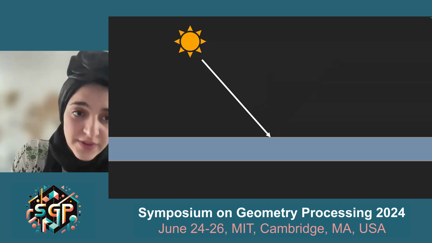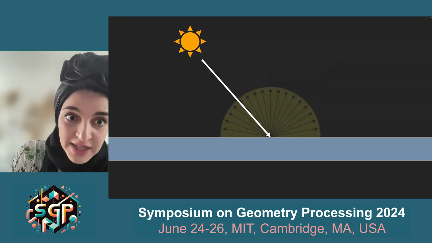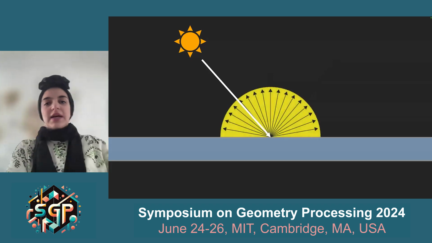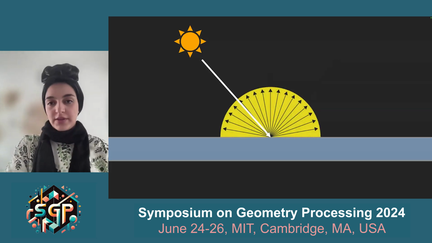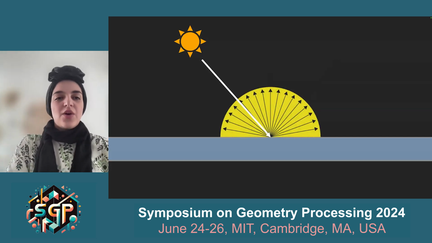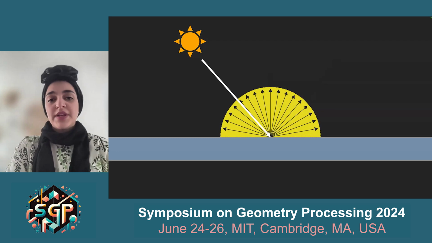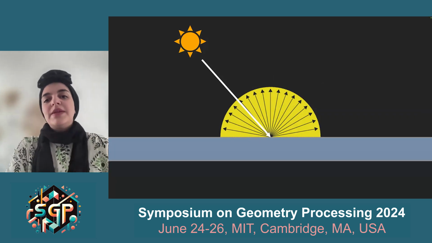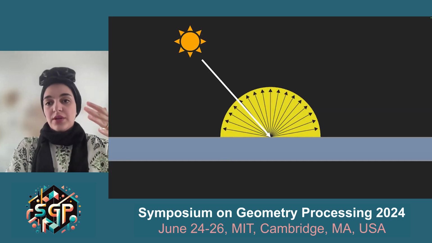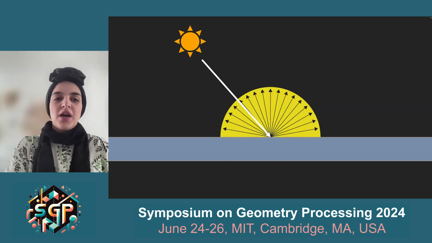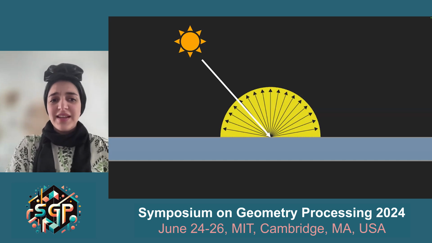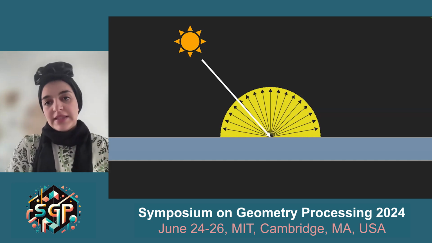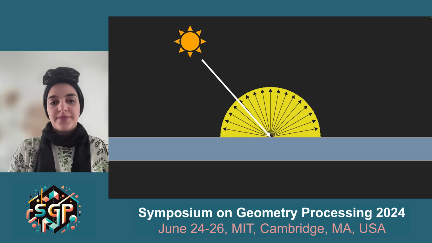Diffuse reflection, on the other hand, is when incoming light scatters off in all different directions. Here, the light is penetrating the surface a tiny bit, and then it's being reflected back out. It might look flat, but actually it has a lot of fibers in it that cause the scattering.